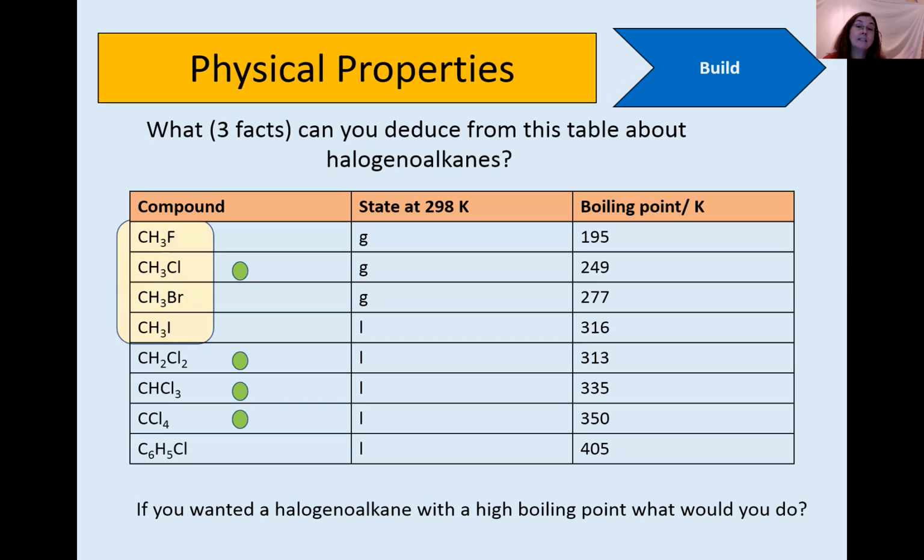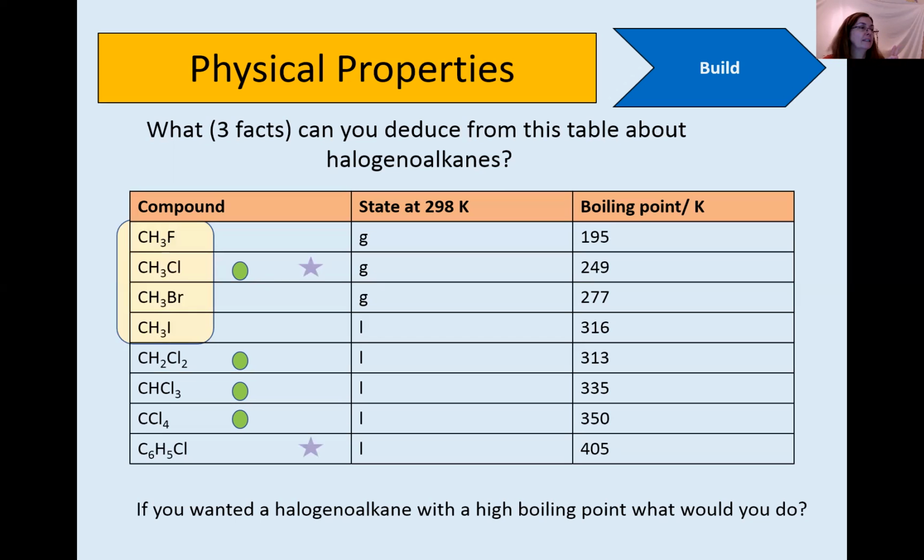But basically, as the number of chlorines on the species increases, the boiling point increases. So there's our second trend. So we're comparing like with like. So think back to making it a fair test. We're not comparing apples with oranges, so to speak.